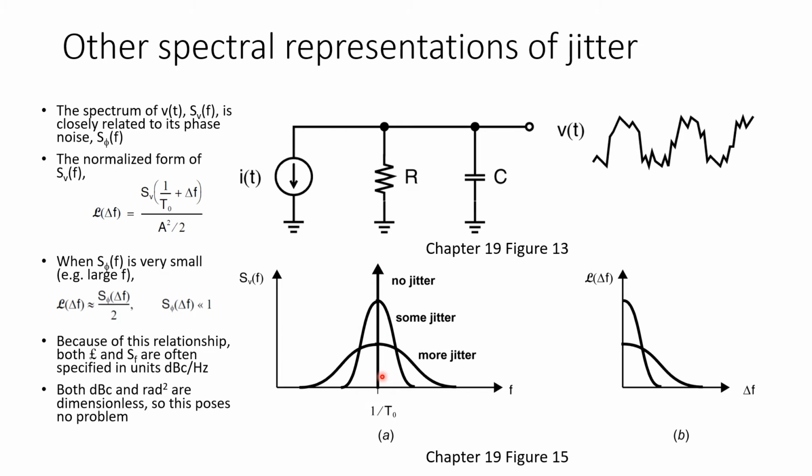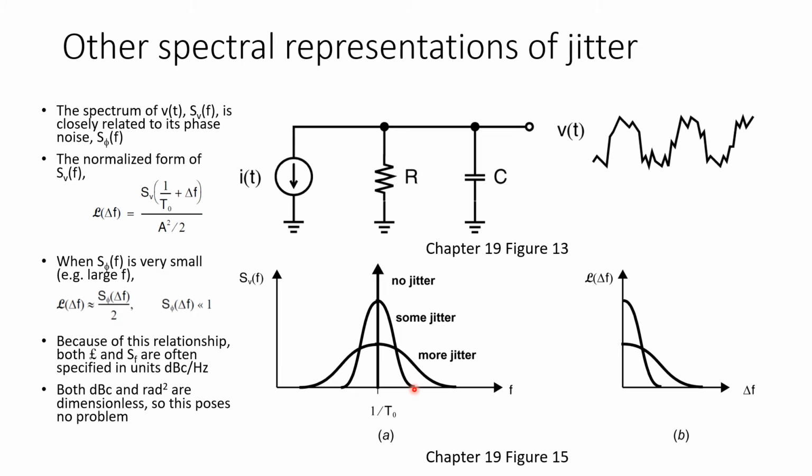If there were absolutely no noise, no jitter, then Vt would be a perfect sinusoid, and so this frequency spectrum would be a pure delta function right at 1 over T0. But we're going to have some noise, some jitter, so instead that delta function spreads out a little bit. Its peak doesn't become infinite, obviously, so it's got a finite peak in this power spectrum, and we see skirts on it going to higher and lower frequencies.